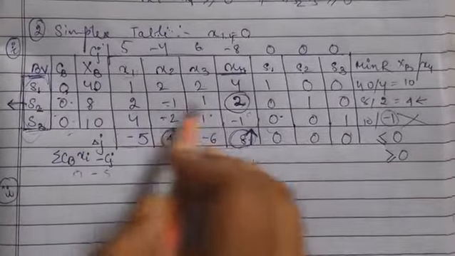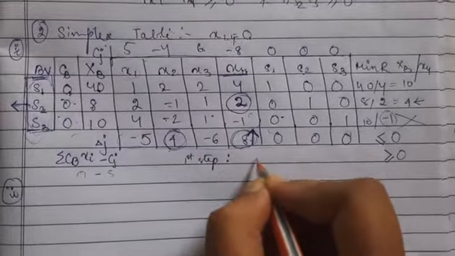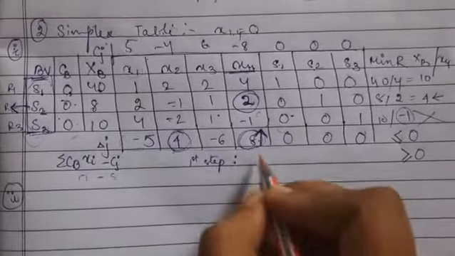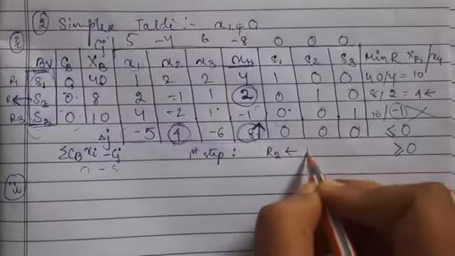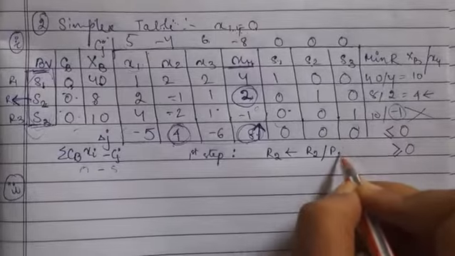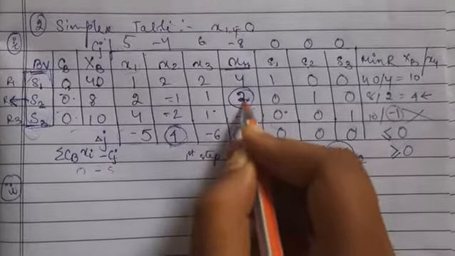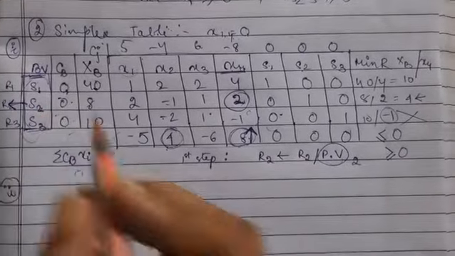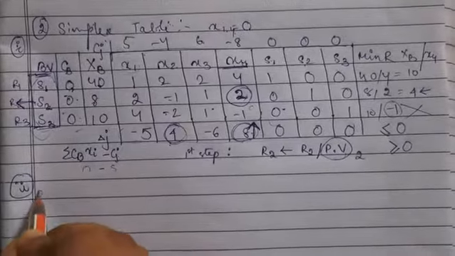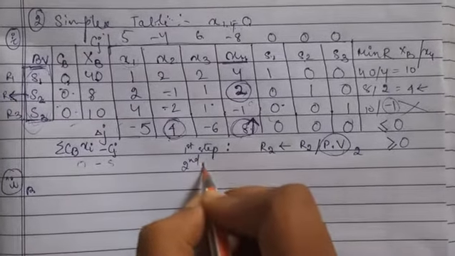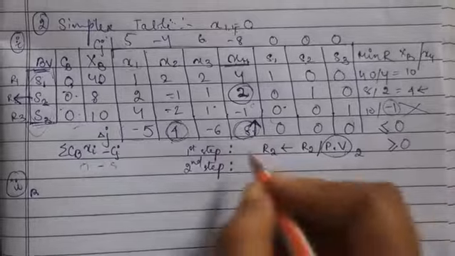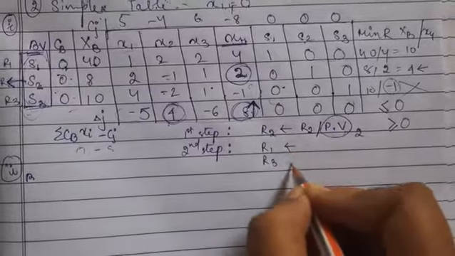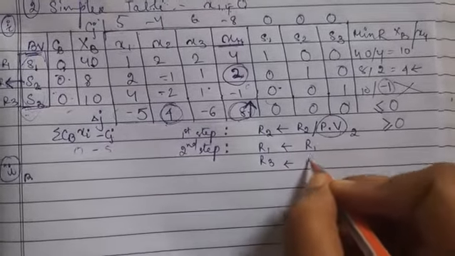For this row, here it is R1, R2 and R3. So R2 will become R2 divided by the pivot element, which is 2 for the first iteration. And then the second step is for the other rows. The other rows R1 and R3, what will happen to them?